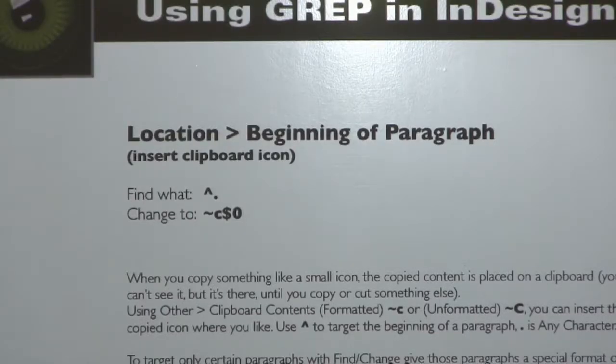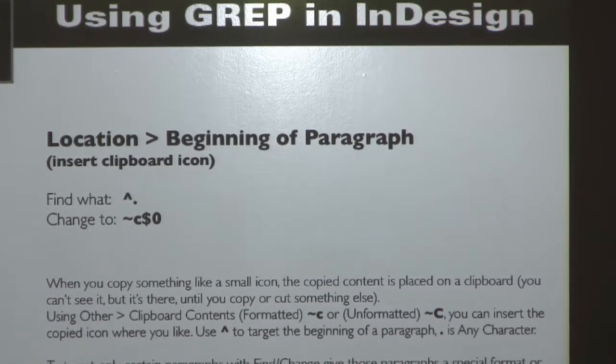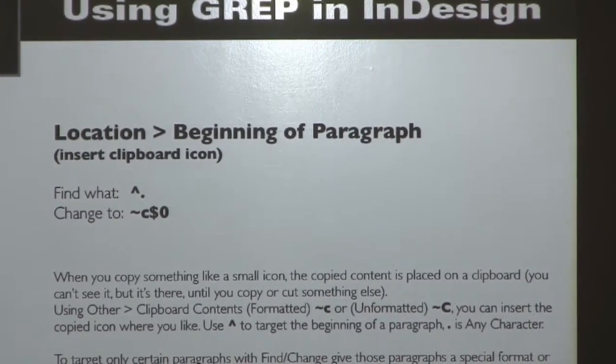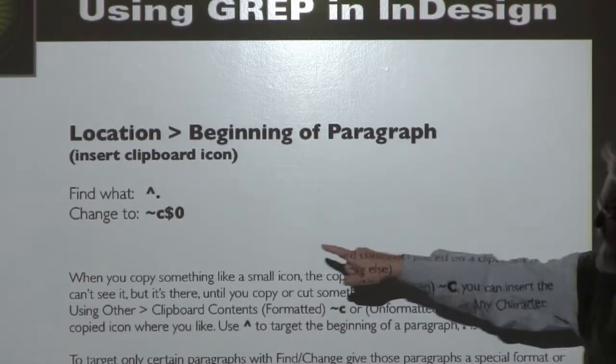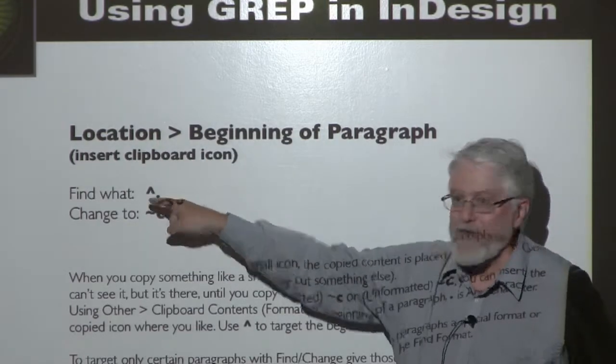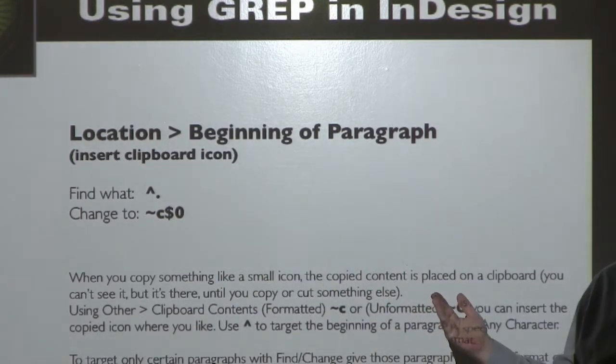Okay, this is the one that I made the demonstration of 3 years ago in December. We were doing our people on the move in the newspaper in a different style, where we had embedded photos in a long column of stuff. This character is the beginning of a paragraph.